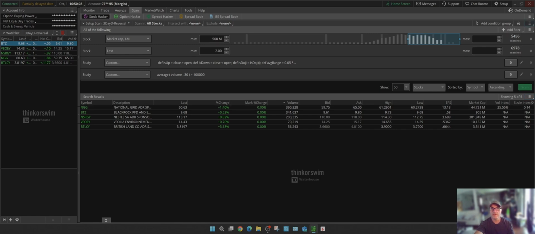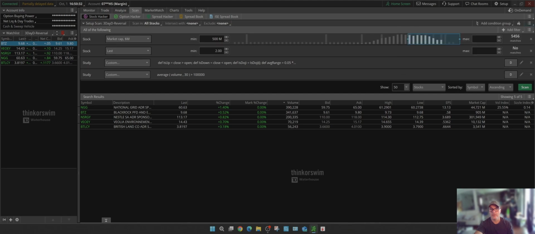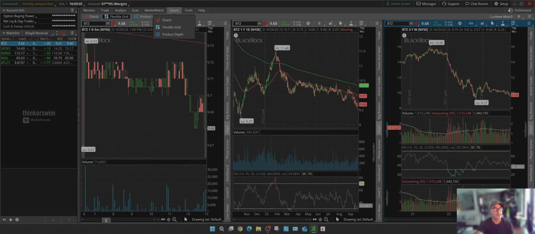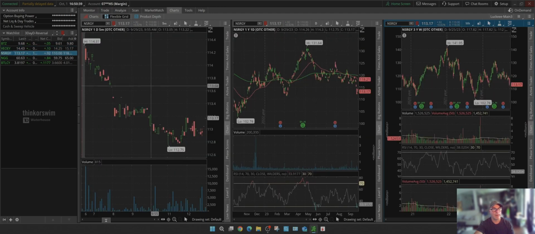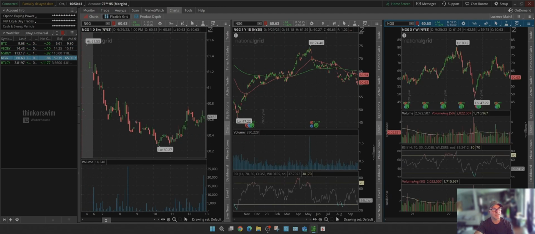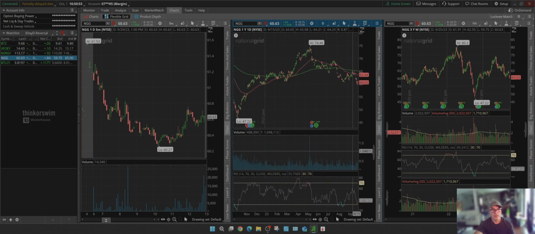So let's save it again, which is the same one, and override it. And as you can see, it gives us some results that are possibly starting to reverse. All we have to do is watch for the highlighted area.